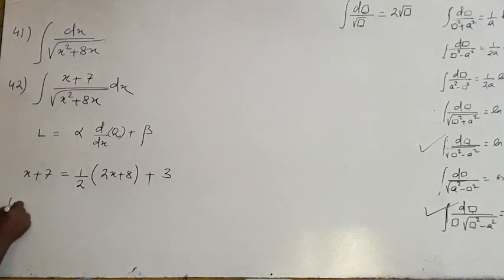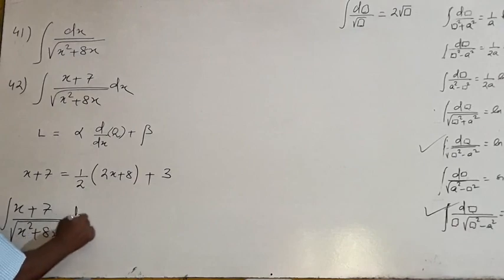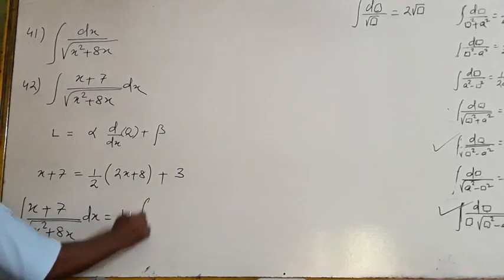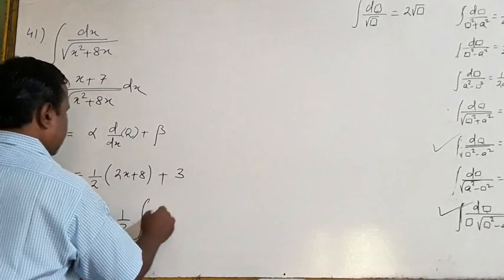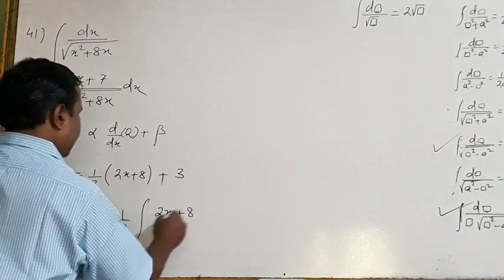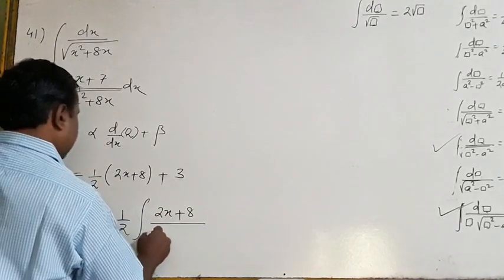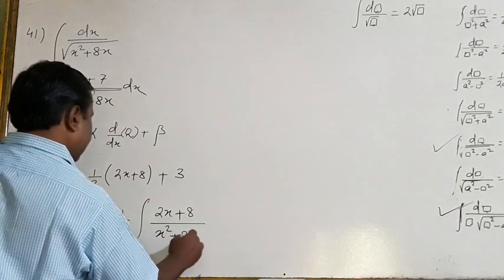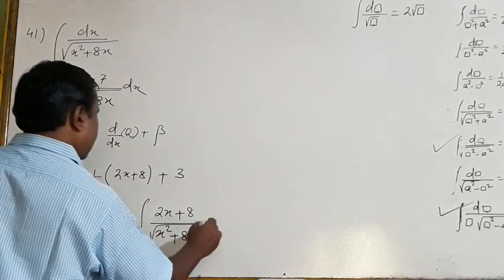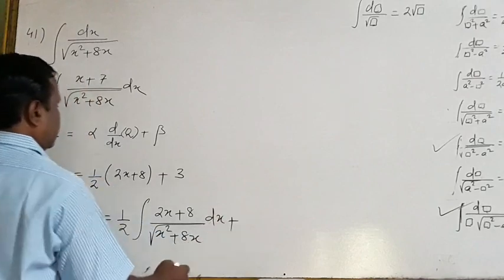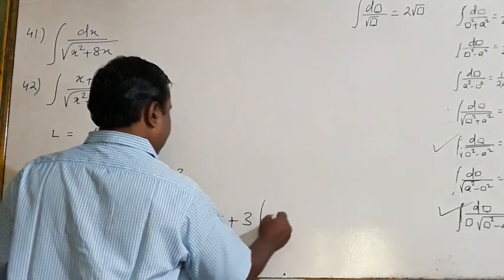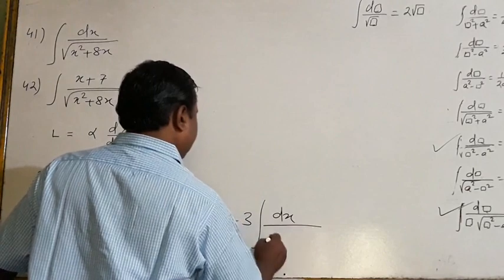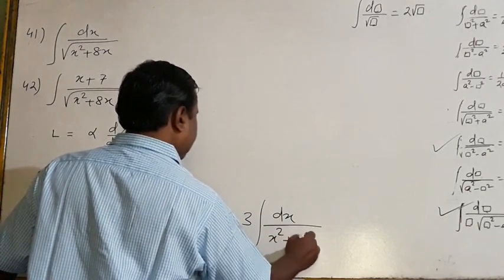Now, integral of x plus 7 by root of x² plus 8x dx is what? 1 by 2 integral of 2x plus 8 by root of x² plus 8x dx, plus 3 integral of dx by root of x² plus 8x.